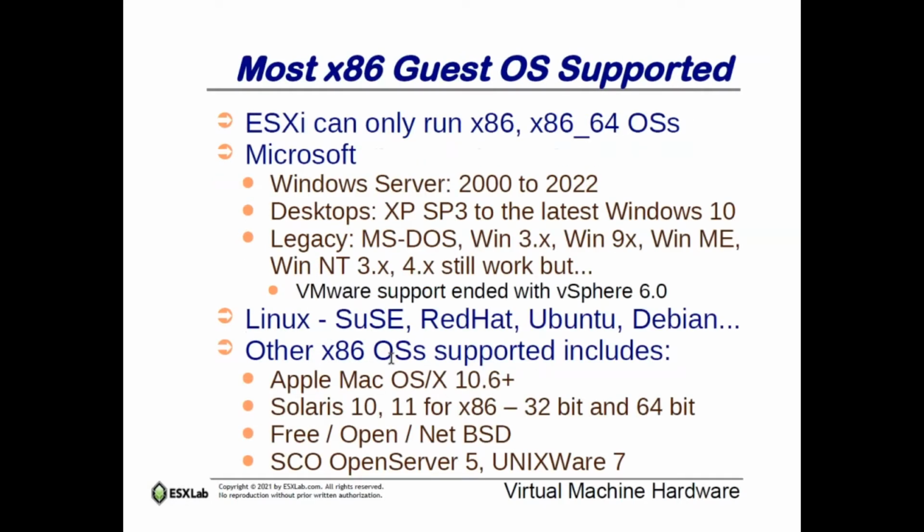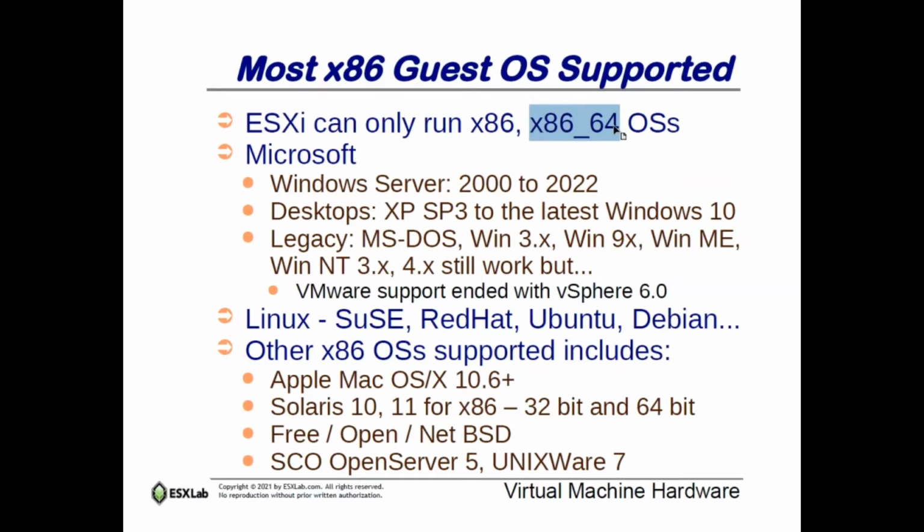Now, before we actually get into building the virtual hardware layer of a virtual machine, what I need to do now is talk to you about the operating systems that I can actually install in an ESXi, or in fact, any VMware virtual machine. VMware only runs operating systems designed for x86, which is to say 32-bit, or x86 64, 64-bit Intel and AMD CPUs.